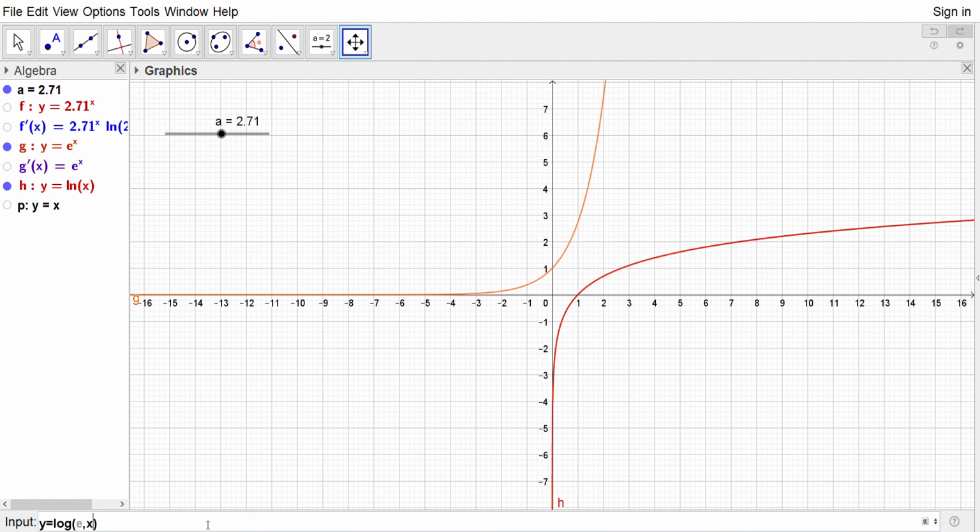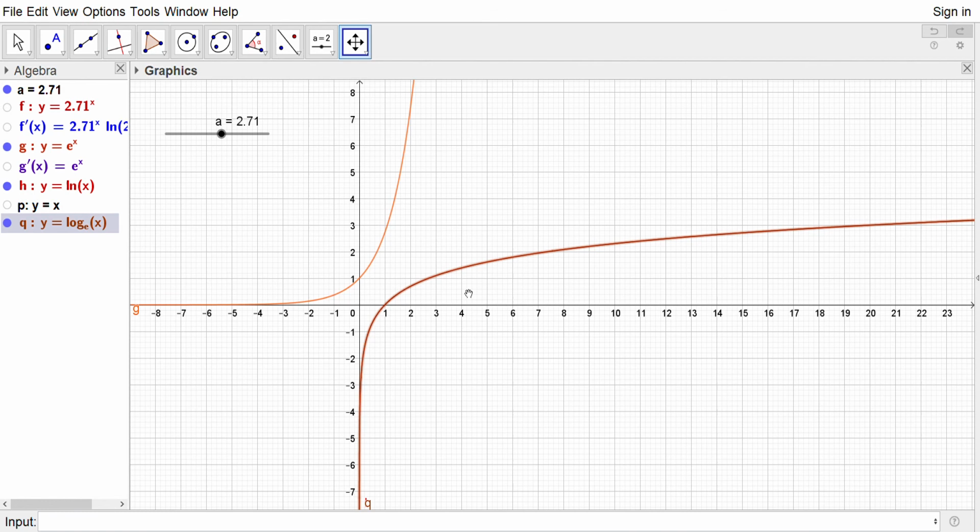And we'll see that that gives us exactly the same graph as we had before. So remember, ln of x is just log base e of x, and it's the inverse function of e to the x. All of our log rules that we've met in previous lessons work exactly the same. It's just a special log base that you'll see in the second year is very, very useful when you start solving differential equations and stuff like that.